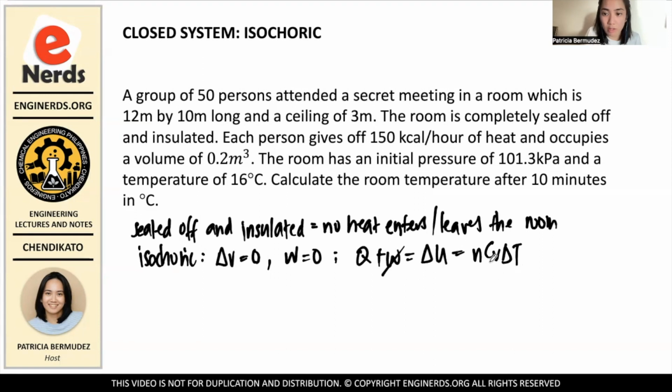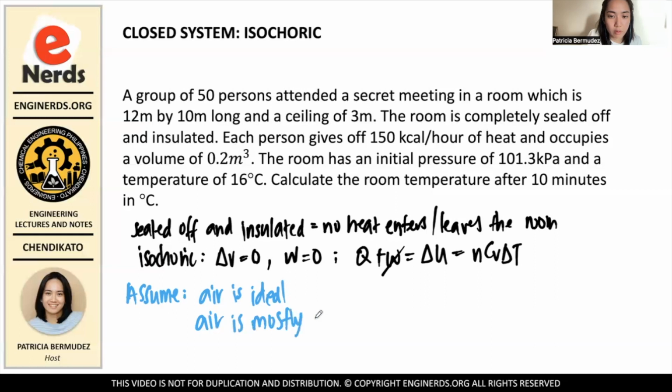So in order for us to be able to use Cv, we have to assume things. First is that the air that circulates within the room is ideal, because we cannot use this Cv if it's not ideal. And we also have to assume that the air is mostly composed of nitrogen and oxygen.